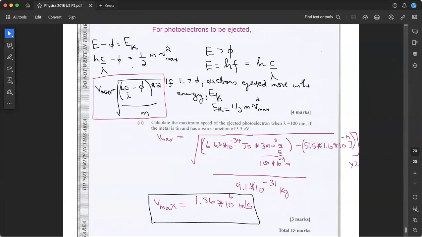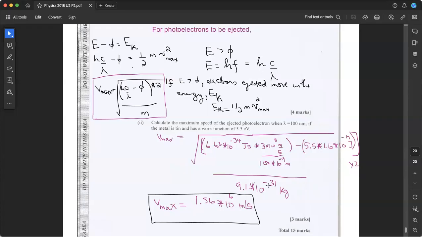So we multiply that by 5.5, and now we have our work function in joules. Per this formula, we multiply everything on the top by 2, then divide by the mass of an electron, which is 9.1 times 10 to the negative 31, and then find the square root of all of that.